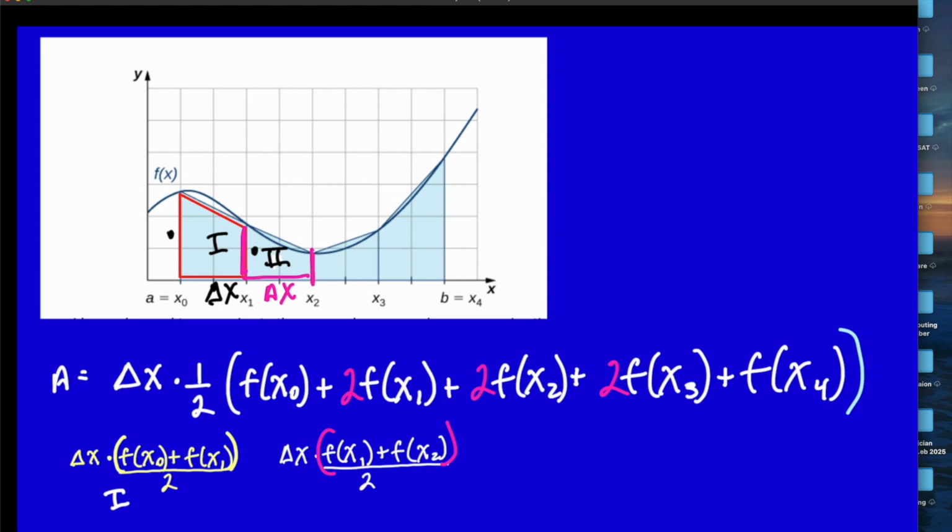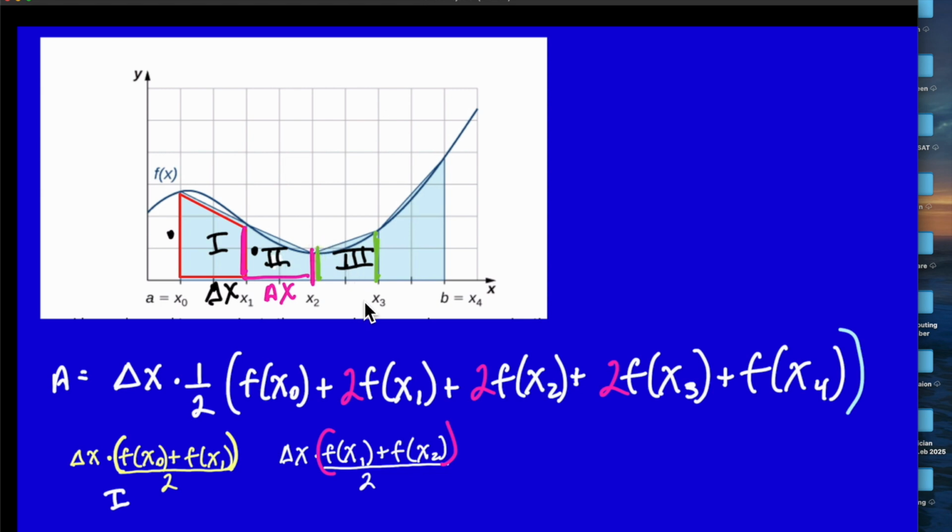Now, so what do you notice? f of x sub 1 is used in the formula for the first trapezoid as well as the second trapezoid. And when we go to the third trapezoid, we're going to find that f of x sub 2 was used in the formula for both the second trapezoid and the third trapezoid.